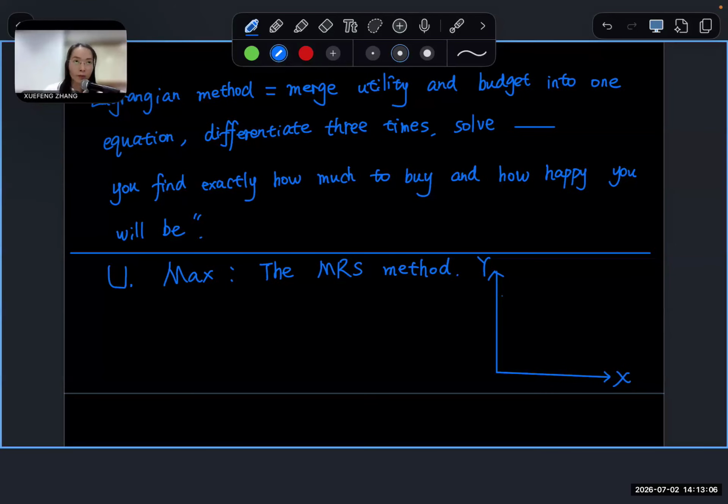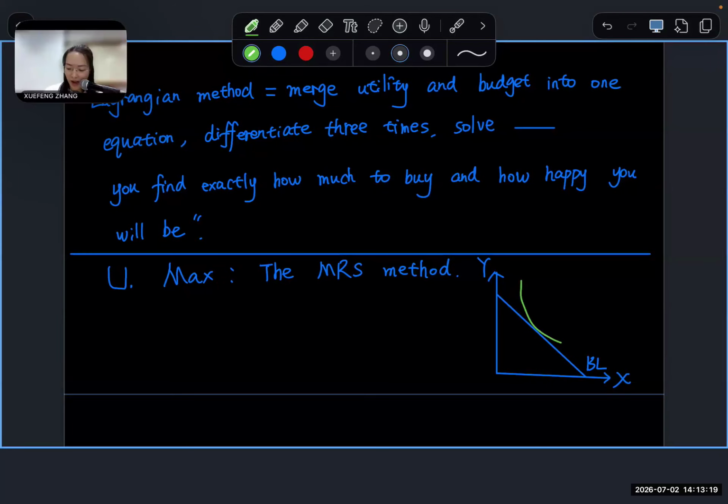So we have the budget line. This is the budget line, this is the budget constraint. And we want to maximize utility, right? The utility is on the IC curve, right? This is our indifference curve, okay? So as long as the IC is tangent to the budget line, here is going to be our optimal.